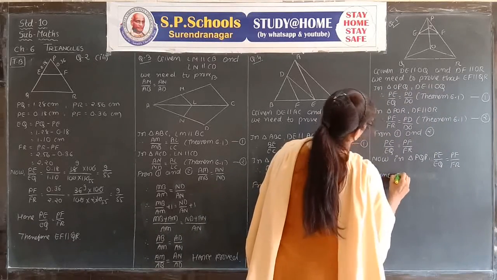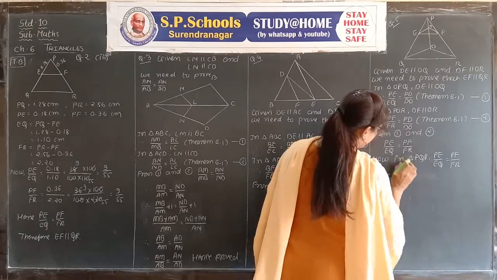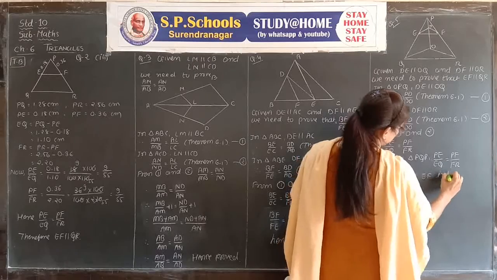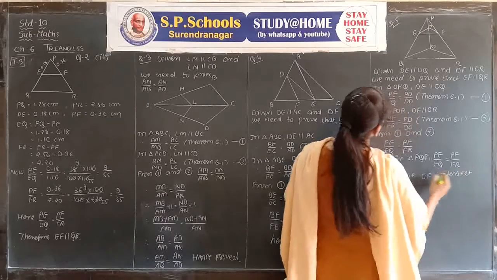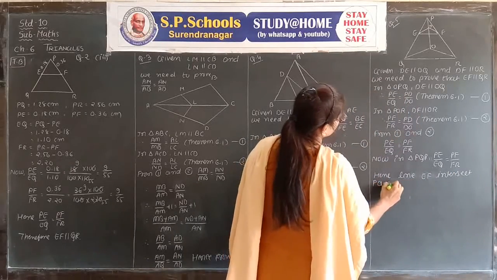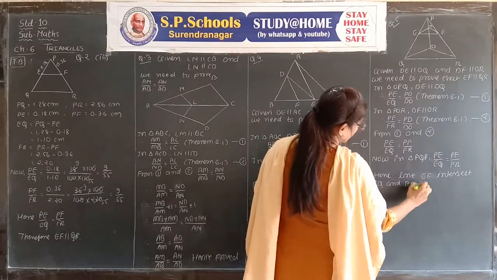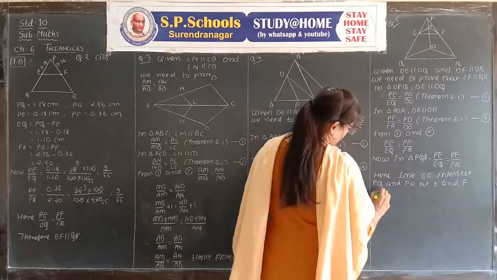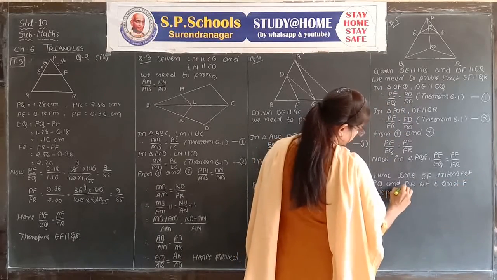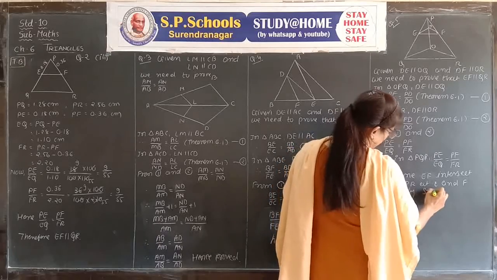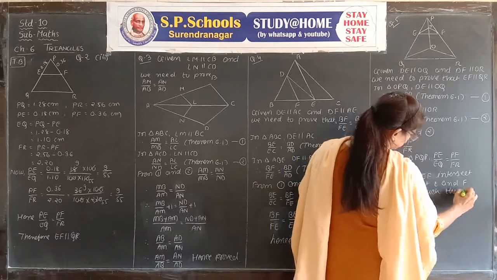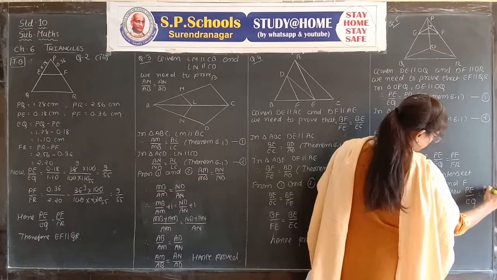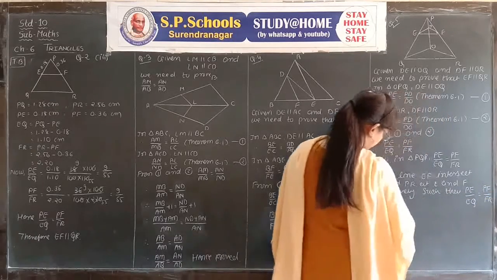Here line EF intersects PQ and PR at E and F respectively, such that PE upon EQ is equal to PF upon FR.